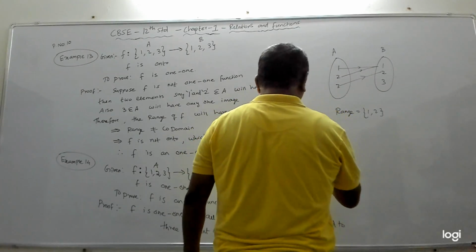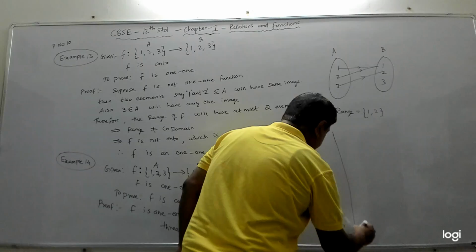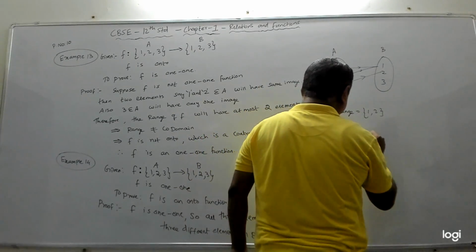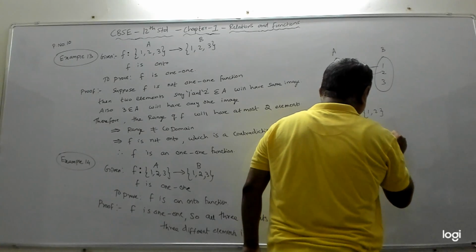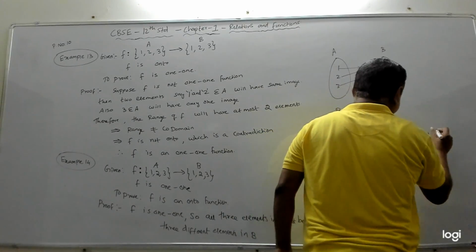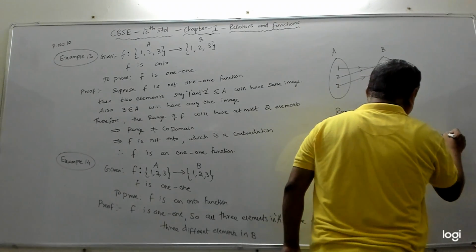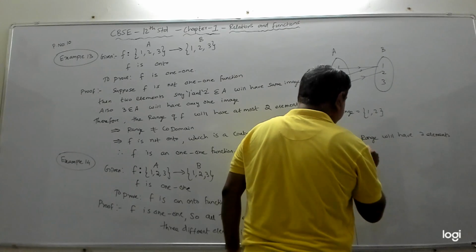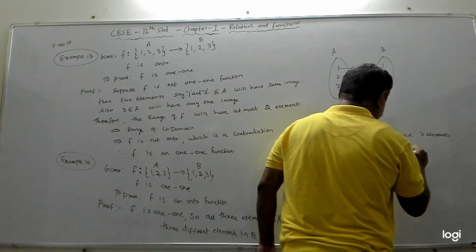So therefore, I am writing the continuation here. So therefore, range will have three elements. So this implies range is equal to codomain.